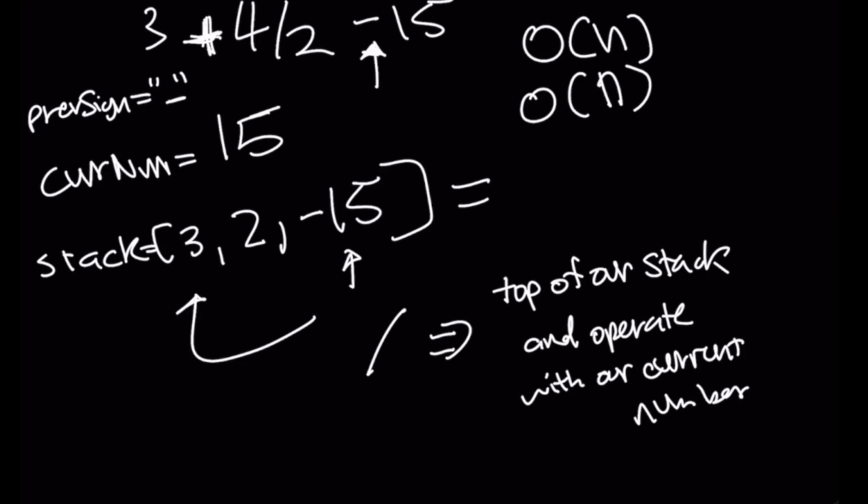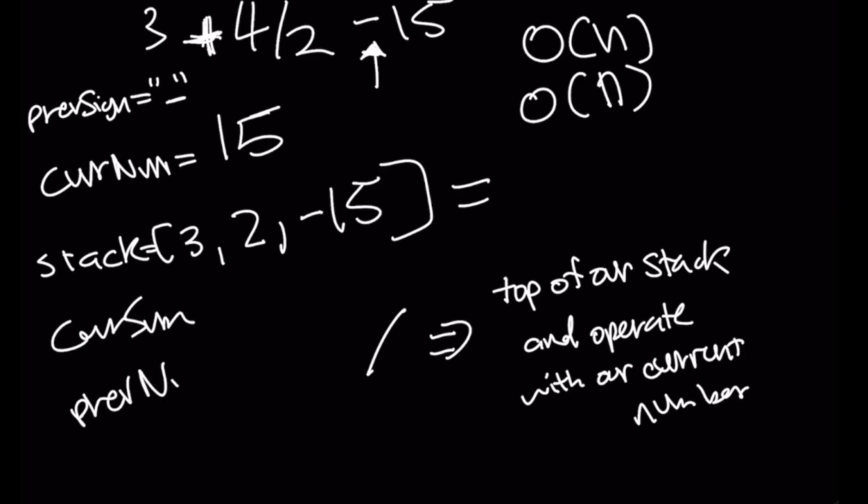We only, at max, have to look at our previous value. So why don't we just keep variables for the current sum, previous number, and current number, right? And you can figure out how to utilize these to solve the question. So let's go to the coding part now.